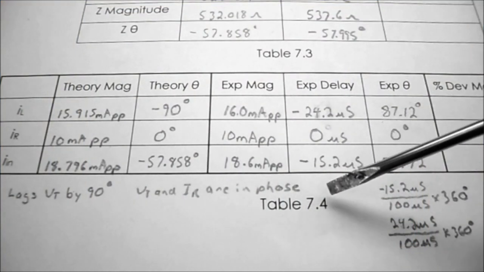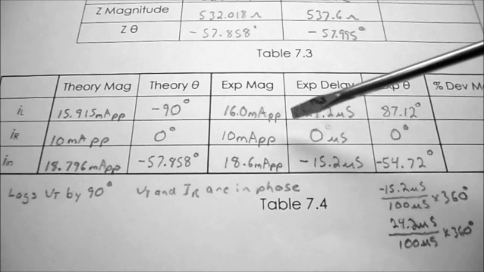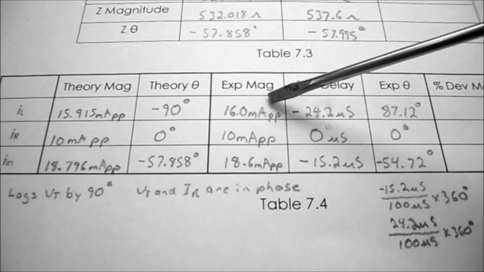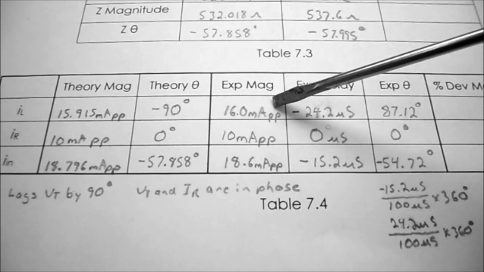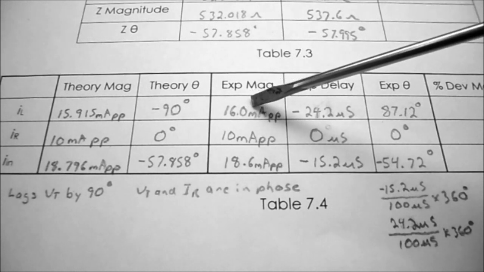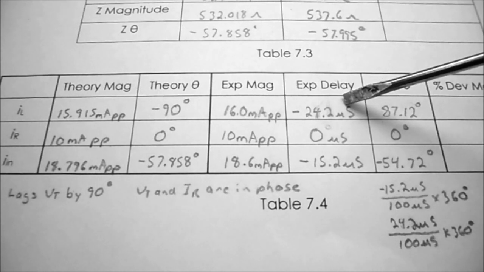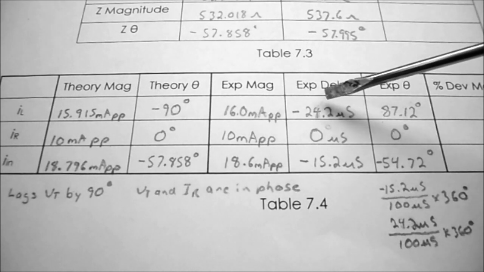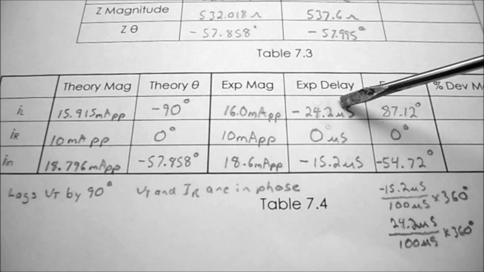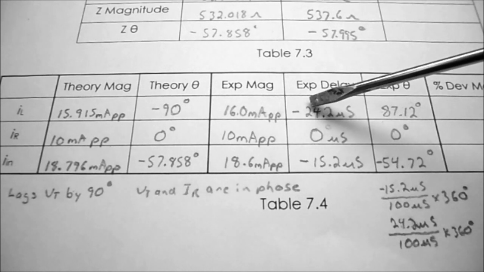So on table 7.4, I've recorded my IL experimental magnitude as 16 milliamps peak to peak, and my experimental delay as 24.2 microseconds. And remember, it is lagging, so it is minus.